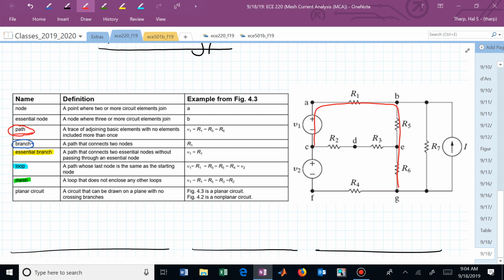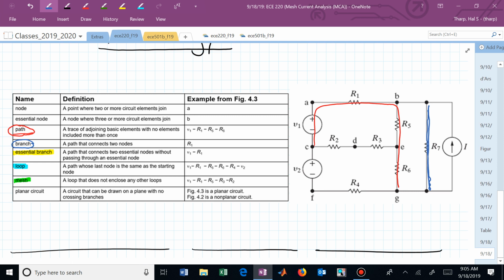And there's multiple paths, obviously, in this circuit. A branch is just what connects 2 nodes. A branch could then go through a given circuit element. That's a branch. That connects two nodes.